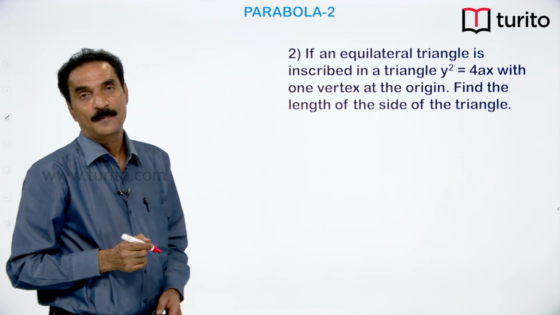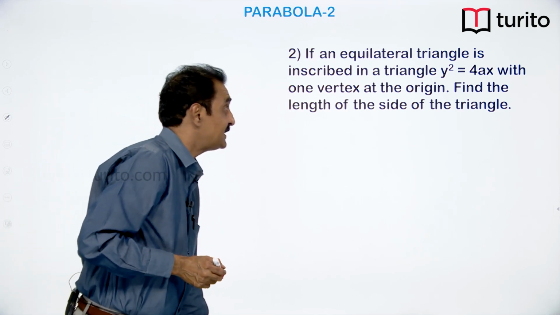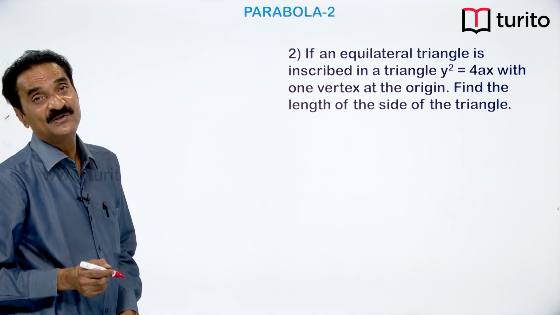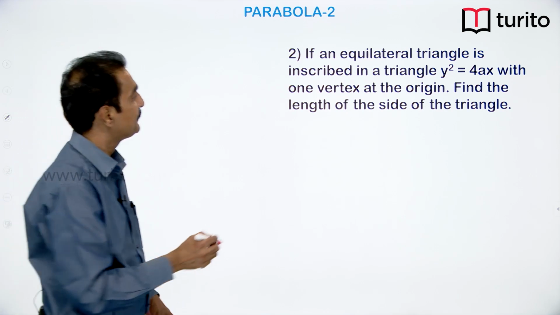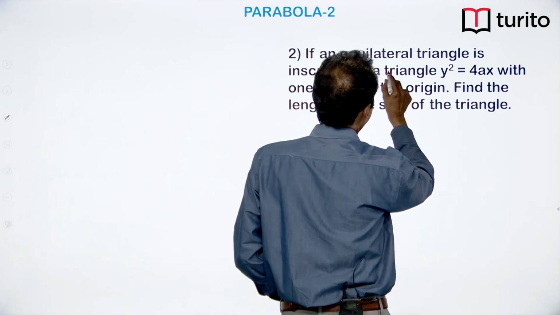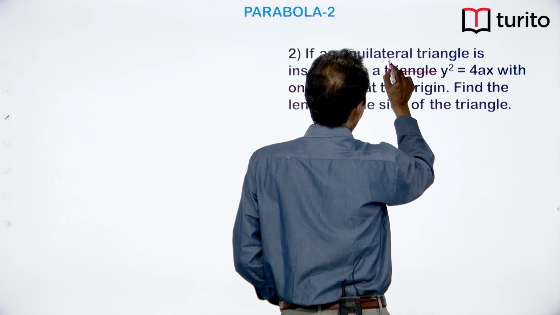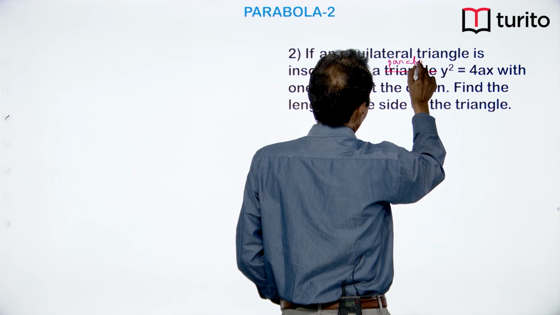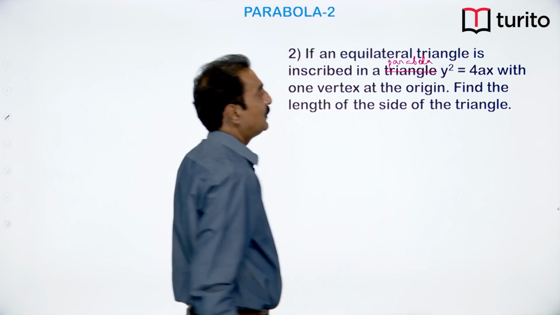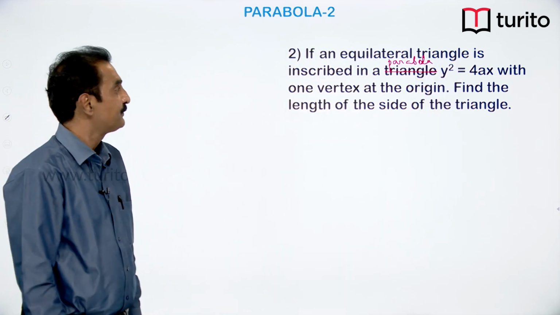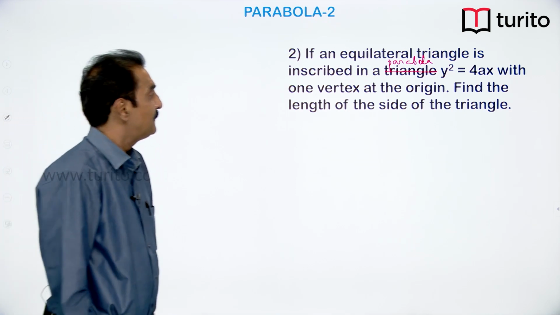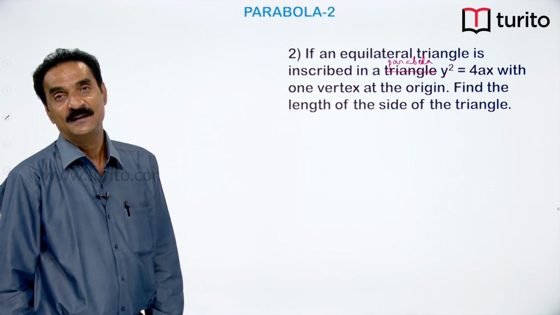Next question. If an equilateral triangle is inscribed in a parabola y square is equal to 4ax with one vertex at the origin, find the length of the side of the triangle.